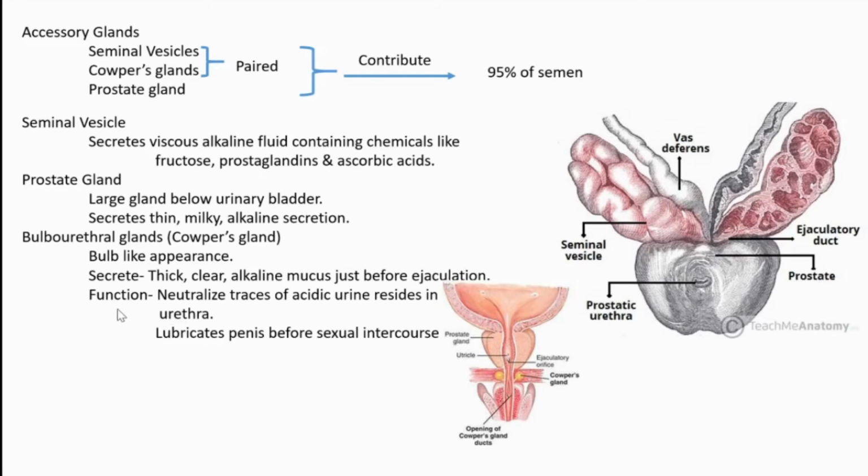Then what is the function of the secretion coming out from this gland? It neutralizes the traces of acidic urine that reside in the urethra, because ejaculation and the passing of urine occur through the same pathway, that is the urethra. So before ejaculation, that tract has to be neutralized.